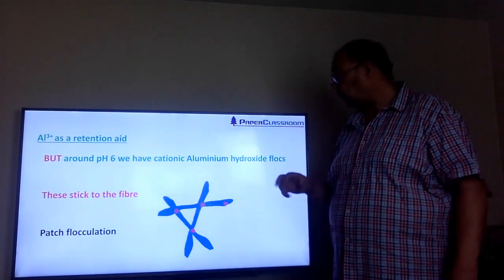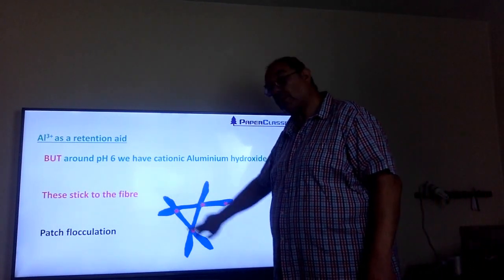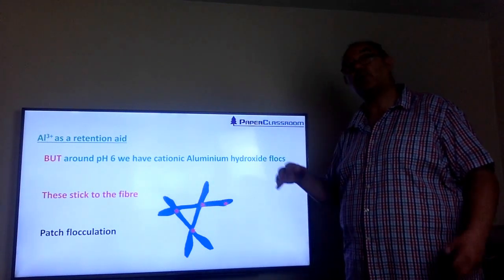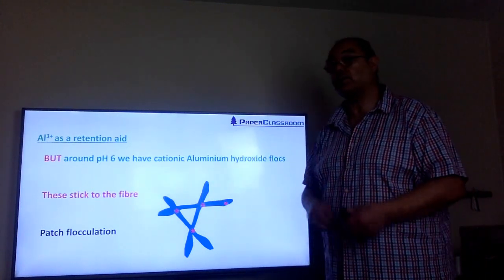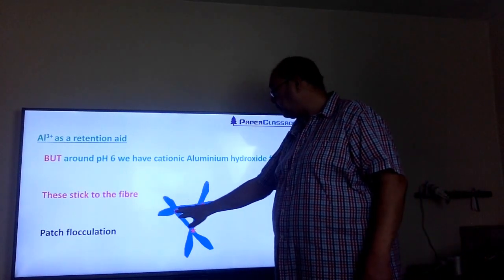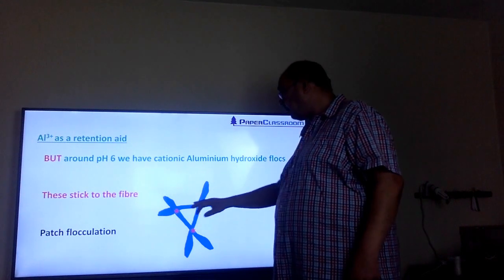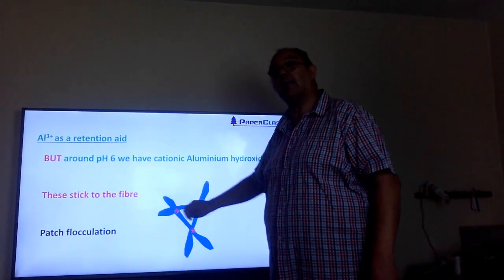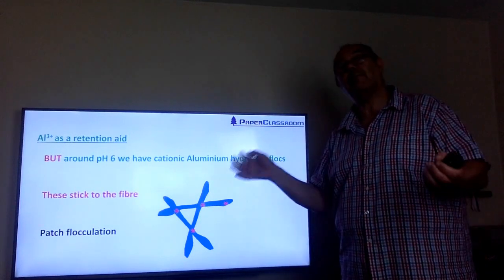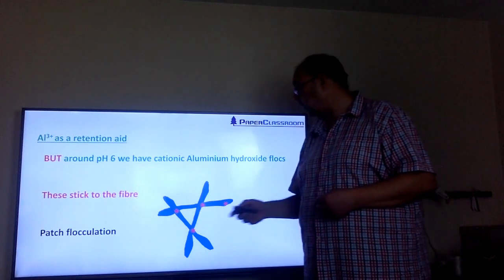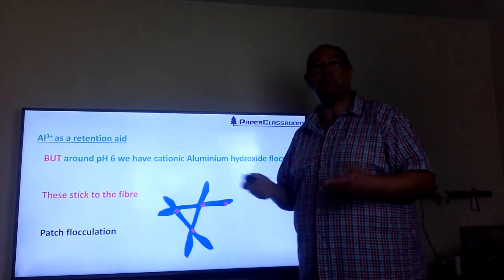So what we've now got is negative fibres with positive patches on them, and that should remind you, if you've seen some of my other videos, about patch flocculation. Now, because you've got a positive patch there, another fibre where there is no aluminium hydroxide will be attracted to the aluminium hydroxide patch, and therefore you'll have a different mechanism, called patch flocculation.